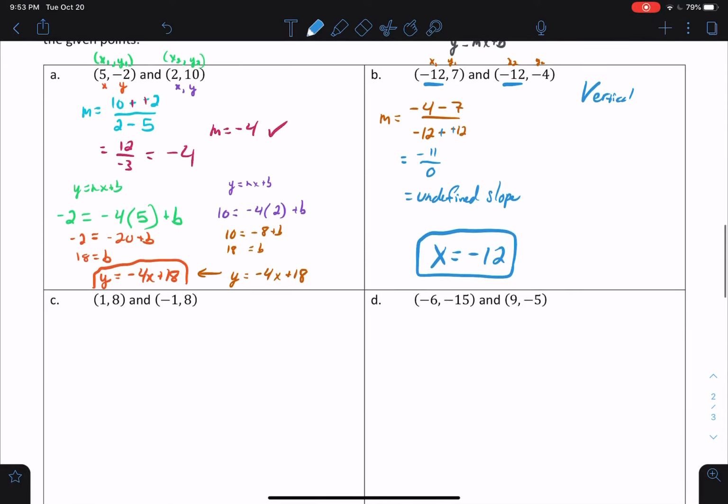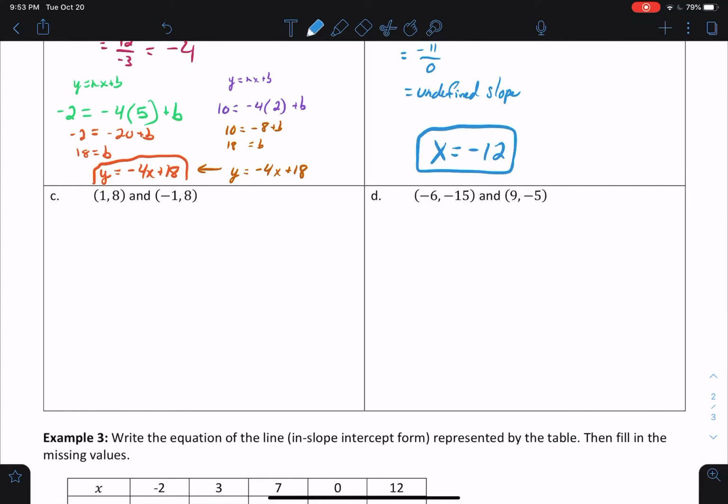What about in part C? If I do my slope, m equals 8 minus 8 over negative 1 minus 1. 8 minus 8 is 0. Negative 1 minus 1 is negative 2, so that equals 0. My slope is 0, which means I'm dealing with a horizontal line here.